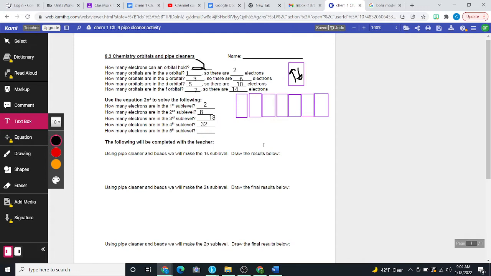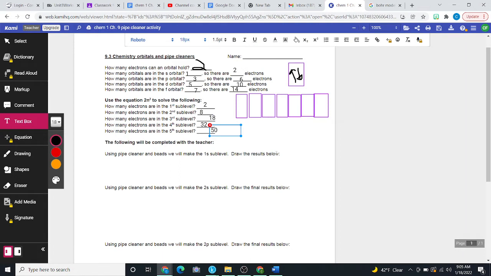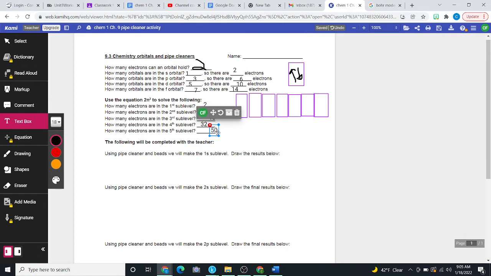And then that's full, and I would jump up to the 5th sublevel, and I would have S, P, D, and F again. So 5 squared, 5 times 5 is 25. 25 times 2 is 50. Now, if you add all these numbers up, at this point you have, let's see here, 2 plus 8 is 10. 10 plus 18 is 28. 28 plus 32 is 60, 60 plus 50, that's 110.